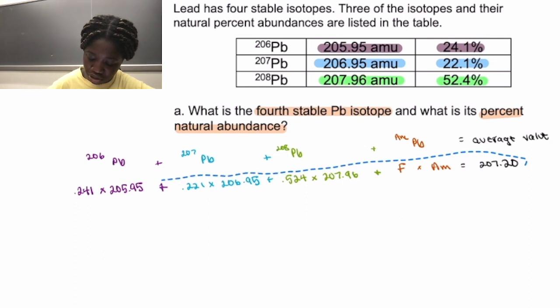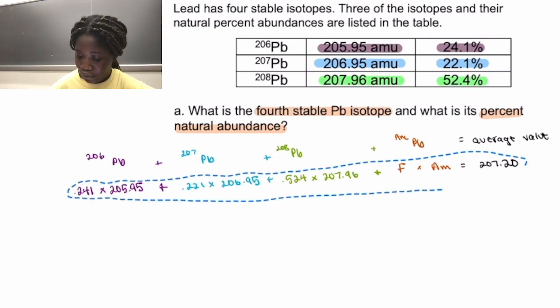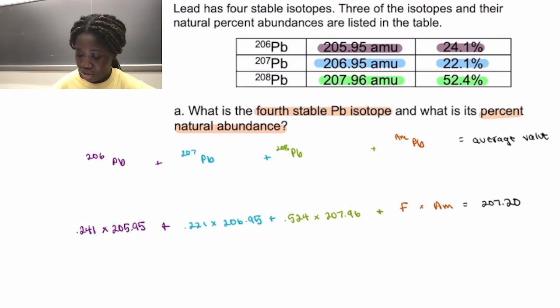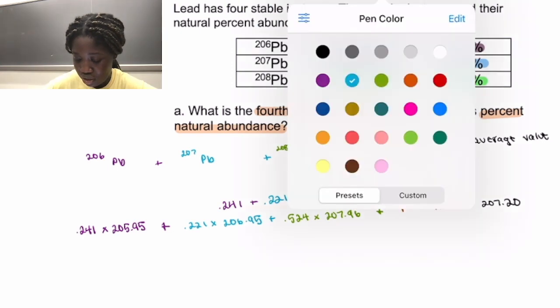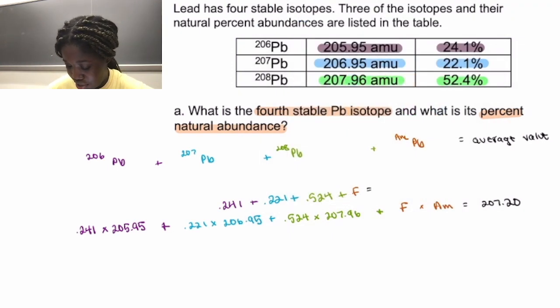Now, for weighted average questions, all of the fractions will add up to 1. So we can use this to solve for our unknown fraction. So let's pull up our fractions that we know. We have 0.241 plus 0.221 plus 0.524 plus our unknown fraction, and this is going to equal 1.